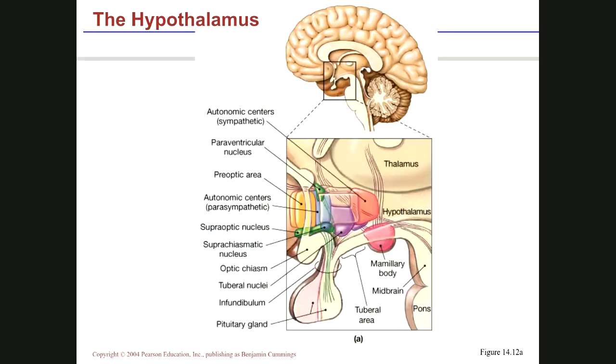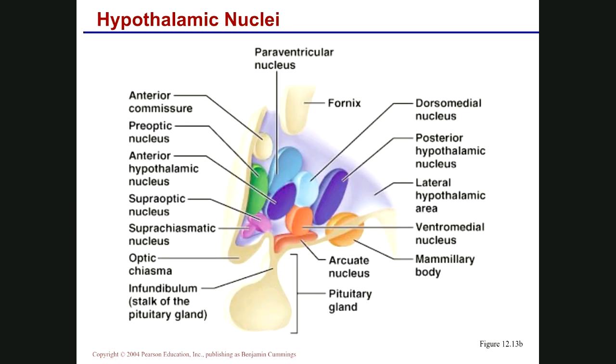Well, it also has a bunch of nuclei. If we blow it up, it looks like this, and you can see all these nuclei. Remember, nuclei are collections of neuron cell bodies inside the central nervous system. You can also see the pituitary gland and the little infundibulum that connects the two. So once again, the hypothalamus is in control of the pituitary gland, and then the pituitary gland controls many other glands.